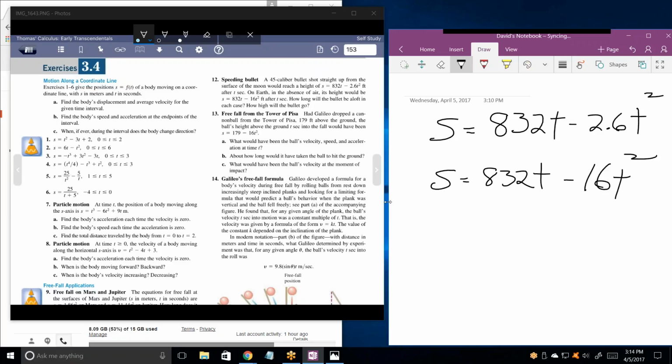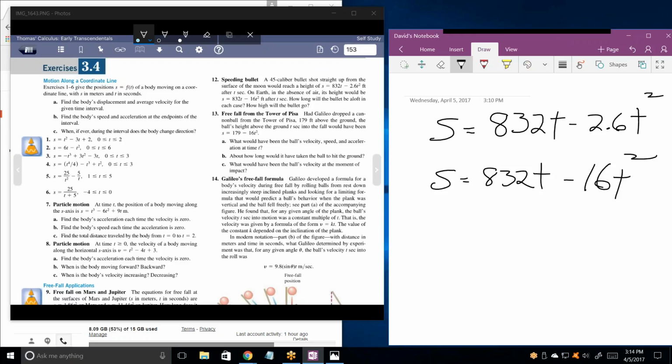When you're looking for the acceleration factor, that's what that number is right there. Okay? On Earth, it's much greater than the moon, about 6 times greater. We know that gravity is about 6 times greater on the Earth.